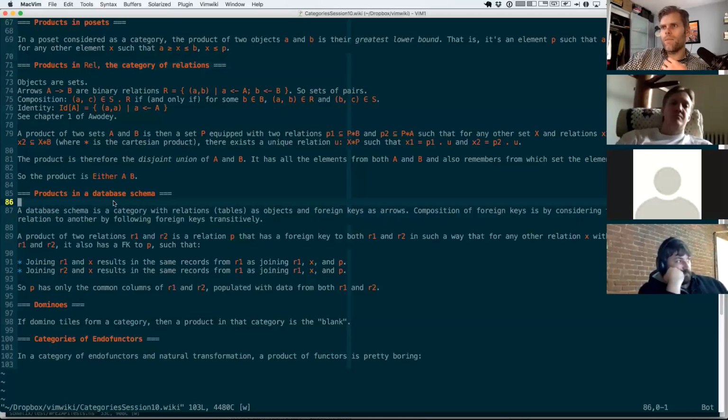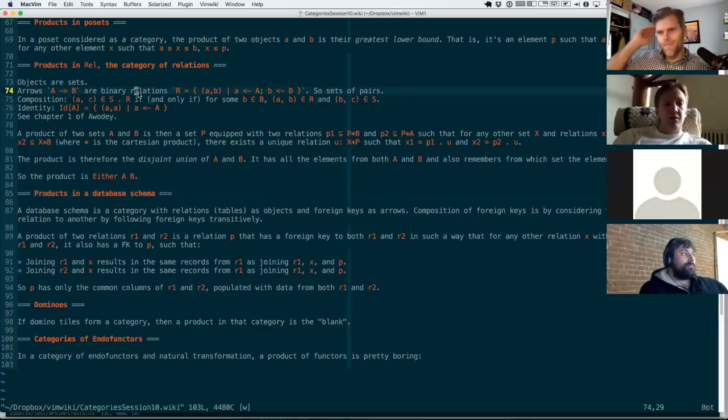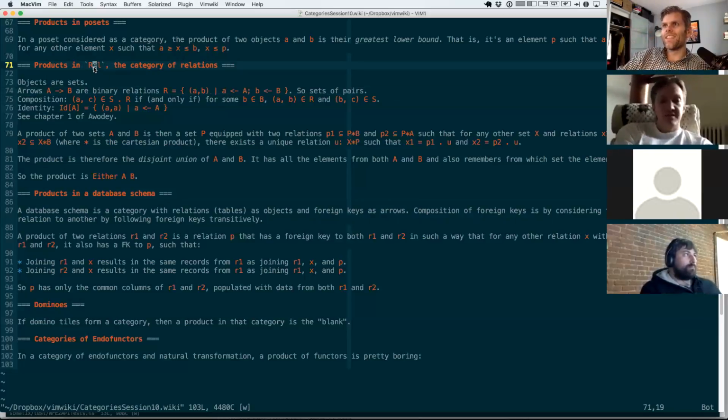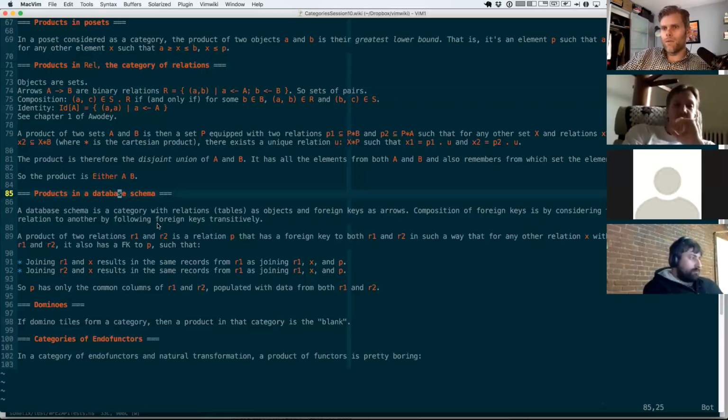No, sorry. That's not the product category. That's Rel. Rel is sets. My bad. So the objects in Rel are sets, and the arrows are relations. And then once we go to a database schema, the objects are now relations, and the arrows are relationships among the relations. So foreign keys.